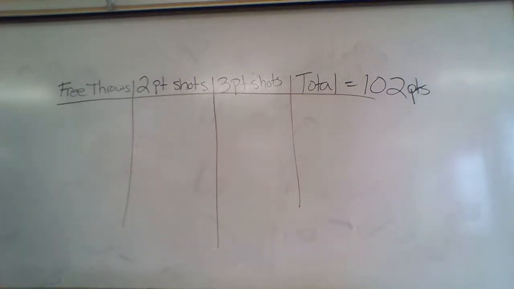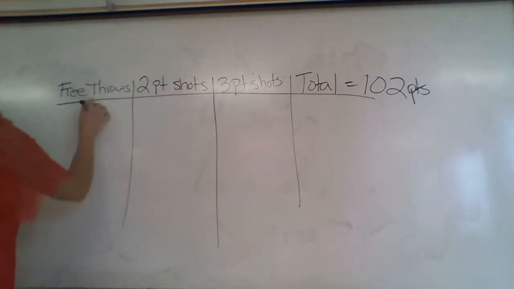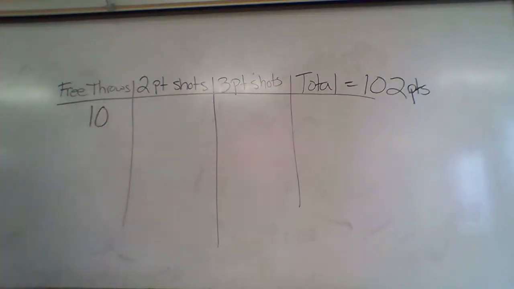Let's say I have to add up to 102. Let's say I make 10 free throws, so that's 10 points. Actually, I'm going to make that 12 because then the math comes out better.